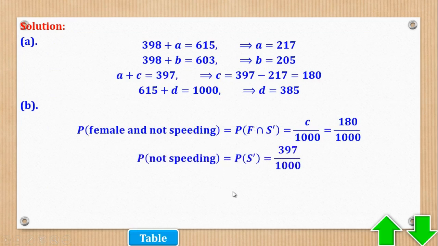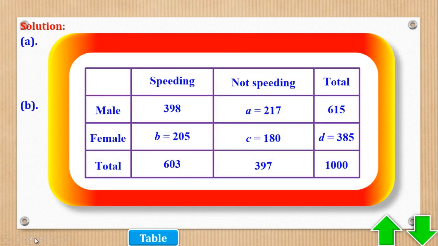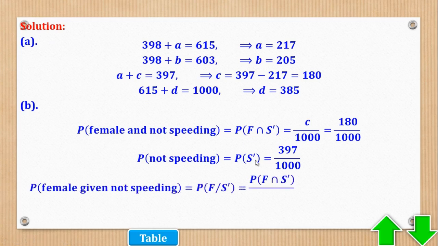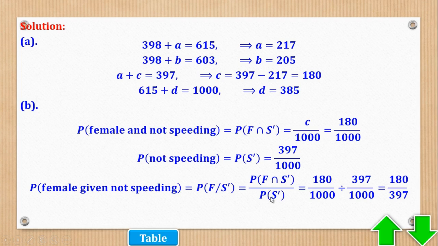The non-speeding, still come here. Non-speeding, they didn't specify whether female or male, so you get this total over this sample space. That's where non-speeding came from. Then the conditional probability of female given non-speeding is P(F | S complement), which is the intersection over P(S complement).